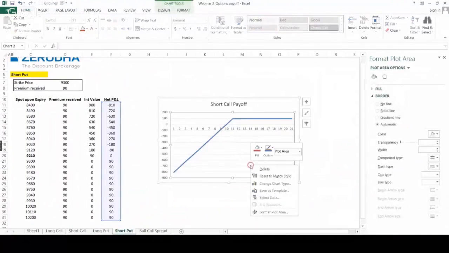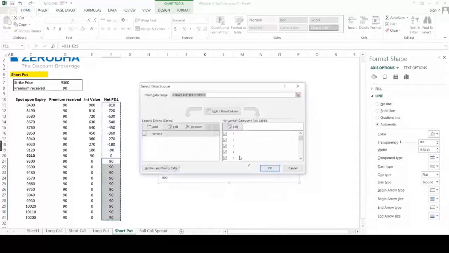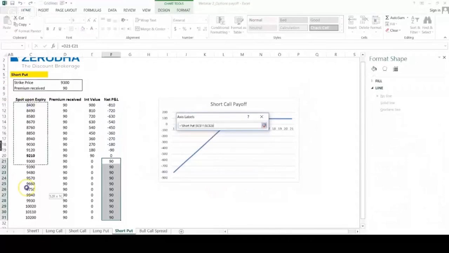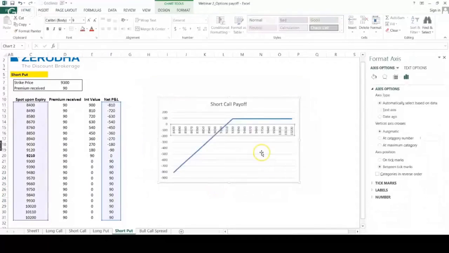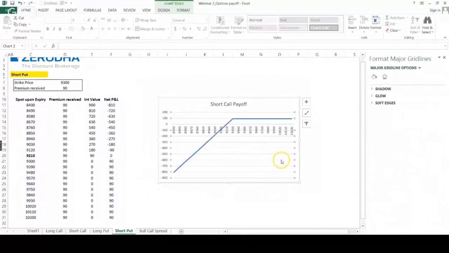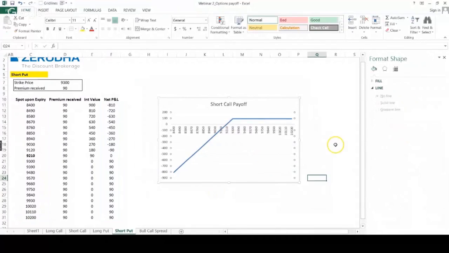So let me clean up this graph quickly. Please bear with me as I do this. Select data. All right. Okay. And I will get rid of these ugly grid lines. Okay, much better.